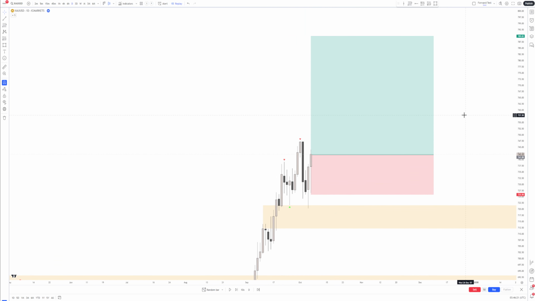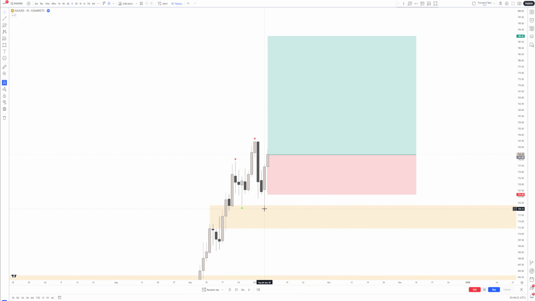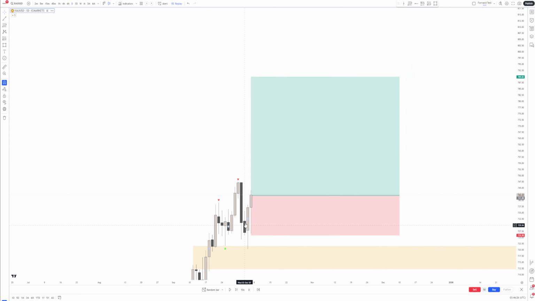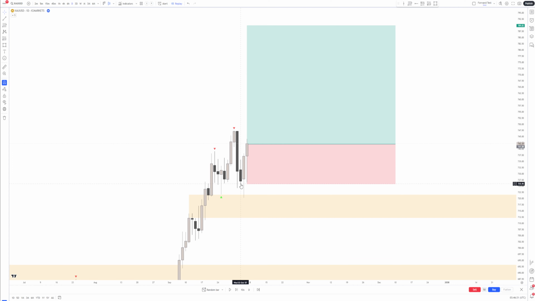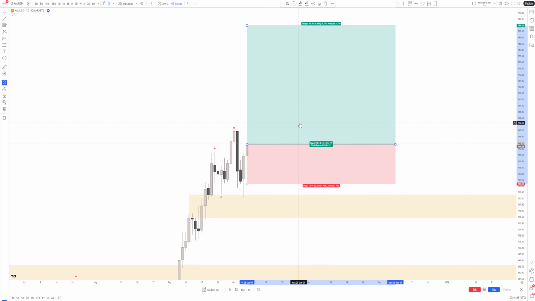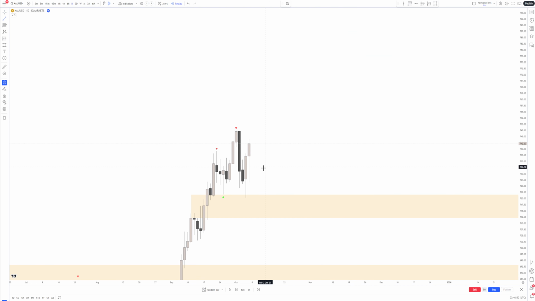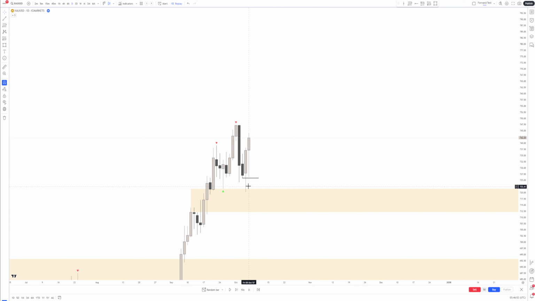Okay, you can see we hit that zone, tapped it, and because we're creating new all-time highs, the likely chance is we're going to go higher. Stop loss below the candle which violated the one that we want to place the stop loss on. But in this case, price went lower before going higher, so our stop loss area would be changed, because originally we went for this, but the violation or touchdown was this candle.